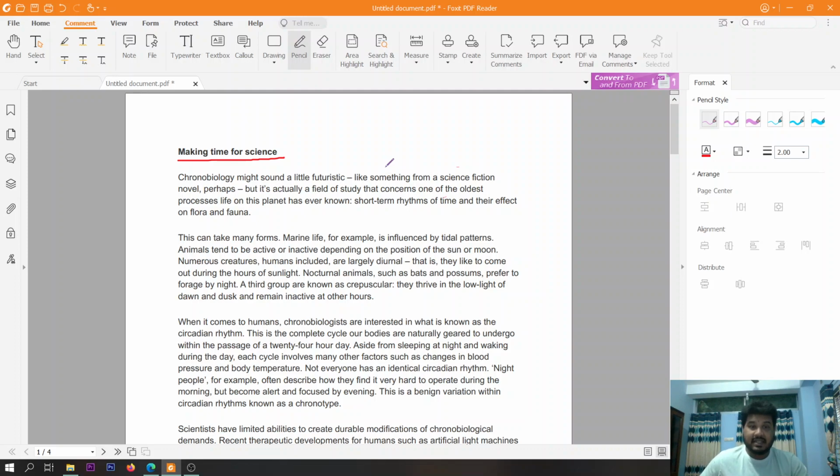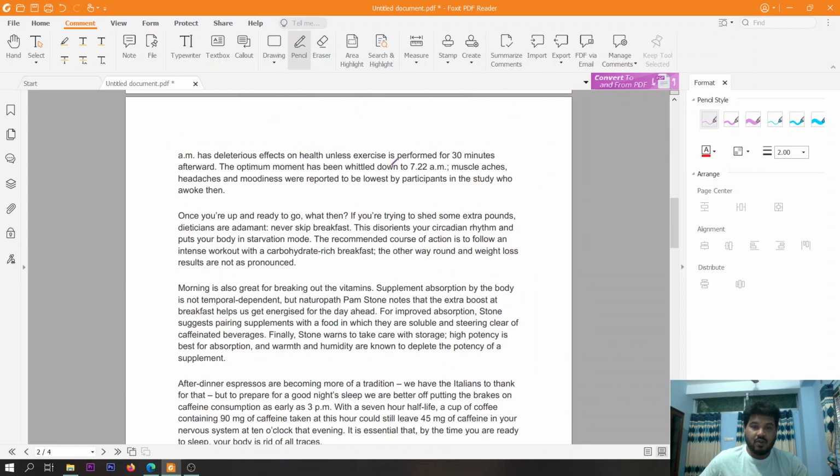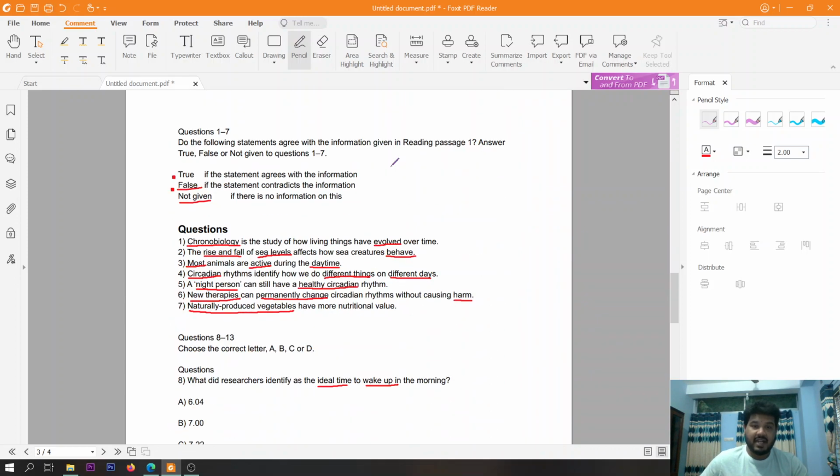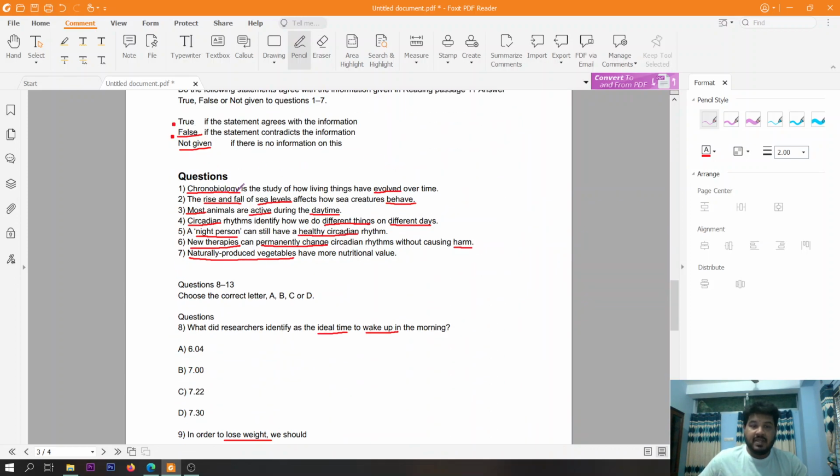So that's the heading. Now let's go back to the question and try to find out the answer. It says chronobiology is the study of how living things have evolved over time. The keywords that I have chosen here are chronobiology and evolved.